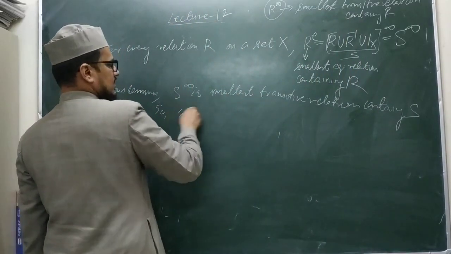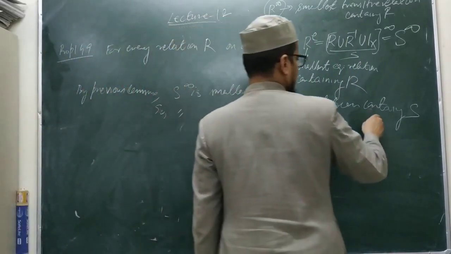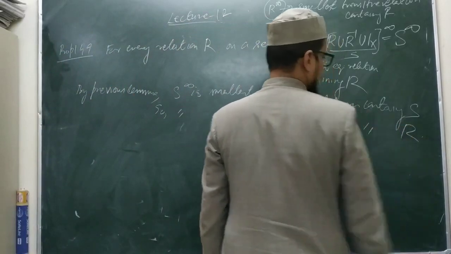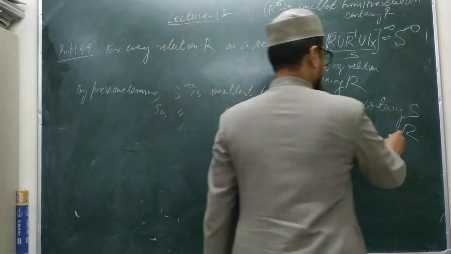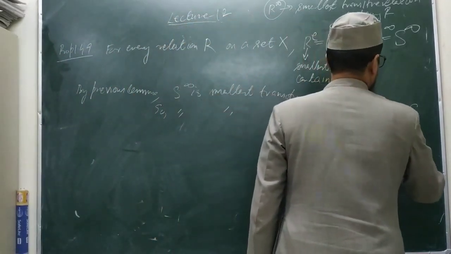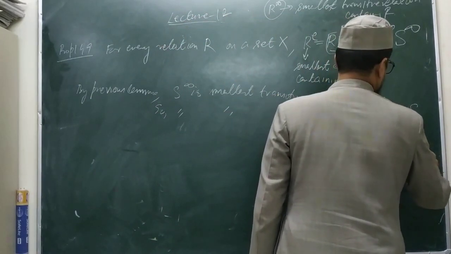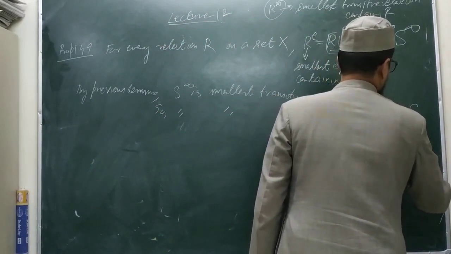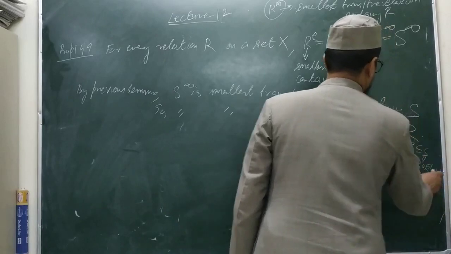So S infinity is the smallest transitive relation containing R also, as R is contained in S. S is equal to R union R inverse union 1x, correct?